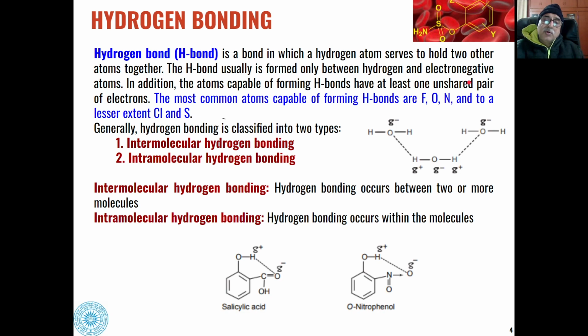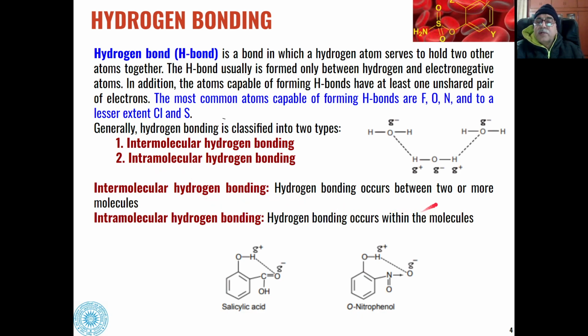The most commonly occurring hydrogen bond is between hydrogen and electronegative atoms like fluorine, oxygen, and nitrogen, whereas to some extent hydrogen bonding can also be shown by sulfur and chlorine atoms. And this hydrogen bonding is of two types: intermolecular hydrogen bonding and intramolecular hydrogen bonding.